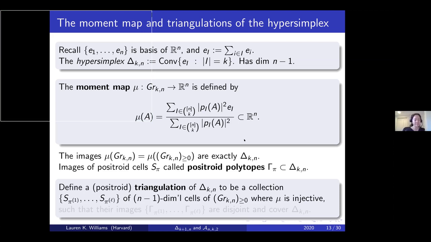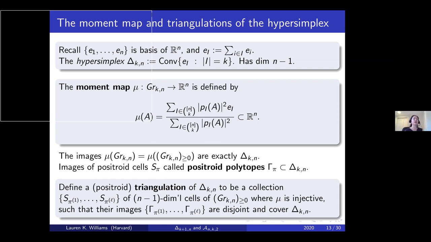Okay, and now, following the definition we made of triangulation of the amplituhedron, we're going to define a positroid triangulation of the hypersimplex to be a collection of (n-1)-dimensional cells of the TNN Grassmannian where the moment map is injective. So remember, the hypersimplex has dimension n-1, and so I'm basically looking for a collection of positroid cells of the TNN Grassmannian that have the biggest possible dimension such that the moment map can be injective.